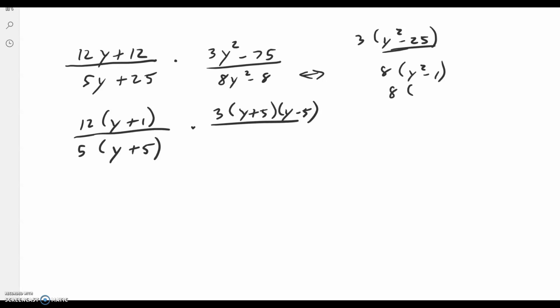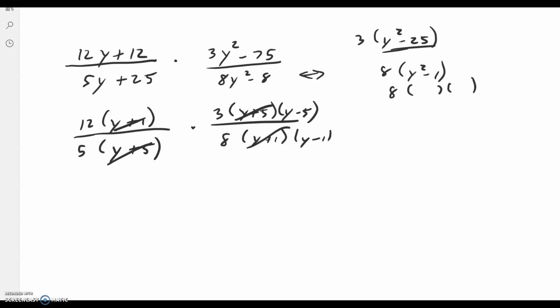But then we have a difference of two perfect squares, and that factors some more. Now we're looking around for like factors to cancel. This y plus 5 can cancel this y plus 5, one on top, one on the bottom.